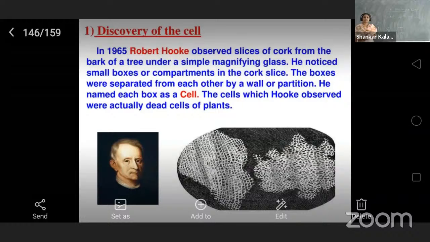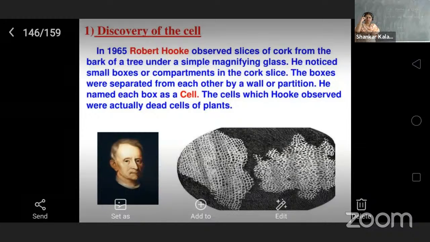There is a difference between plant and animal cells. First let me tell you how cells were discovered. You know Robert Hooke, a scientist, in 1665 observed slices of cork from the bark of a tree under a simple magnifying glass.